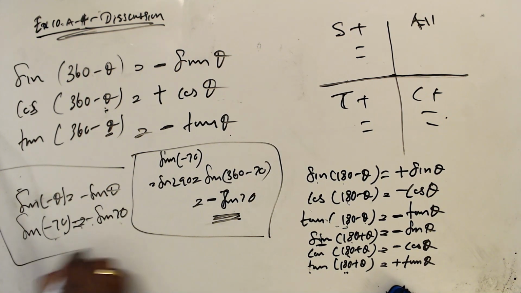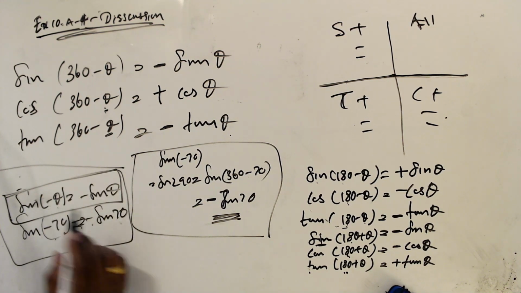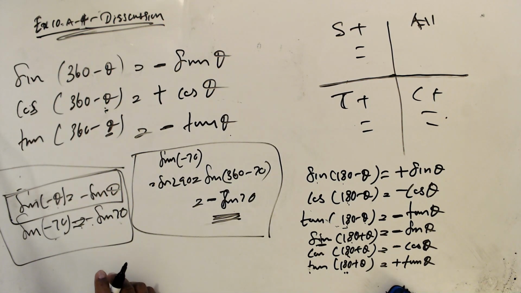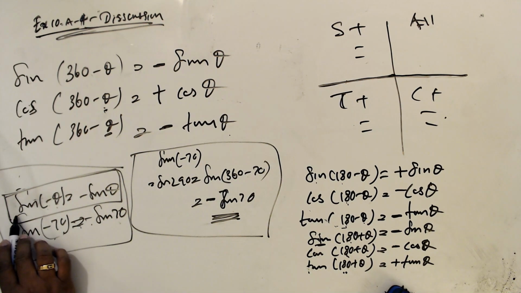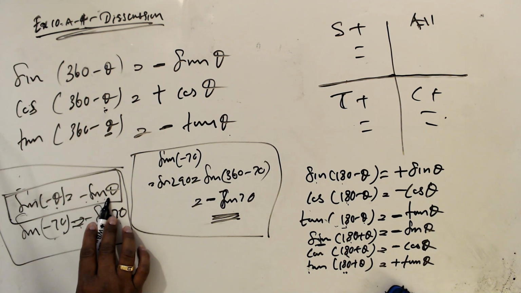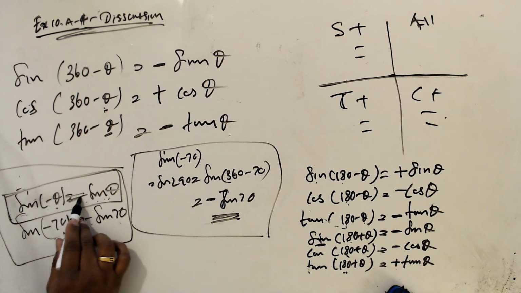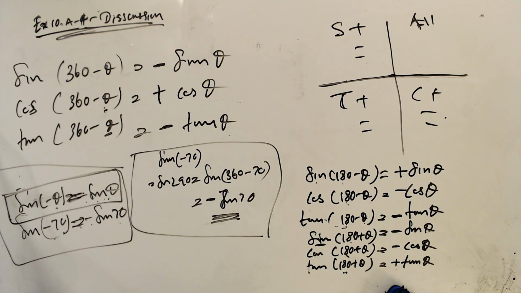That is also applicable. For that, you have to remember sine minus theta equals minus sine theta. We drew the sine minus theta graph and the minus sine theta graph, and we see that both graphs are the same. That's why we write this as equal.